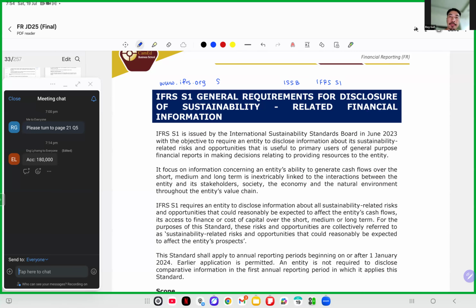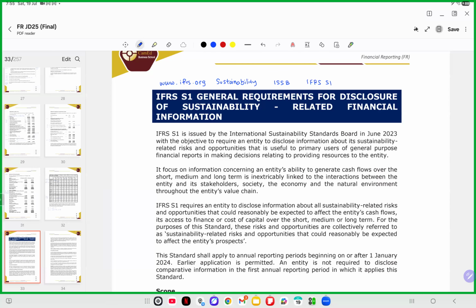Something new. Sustainability. So if you have any questions about any standards earlier, you stop me. Otherwise, we are learning something new. It's called sustainability. So let me minimize the chat box and I show you this.